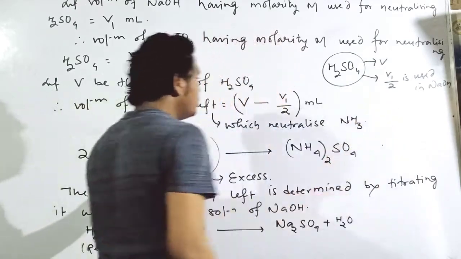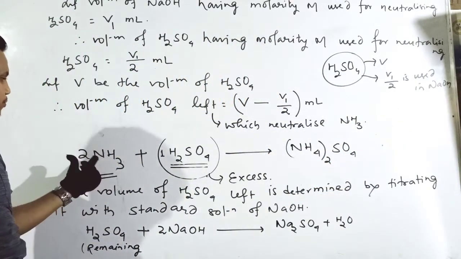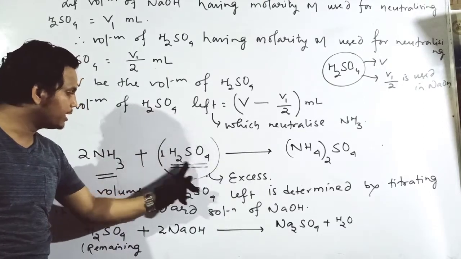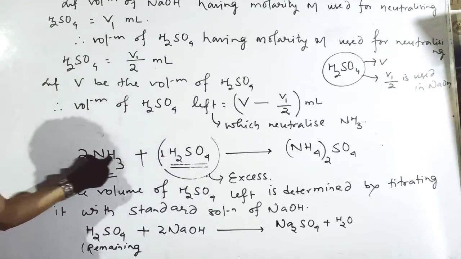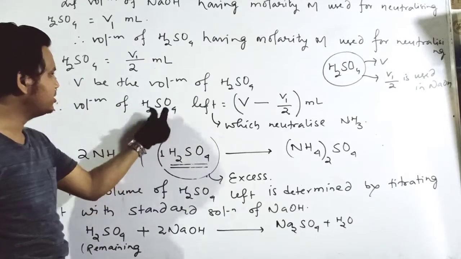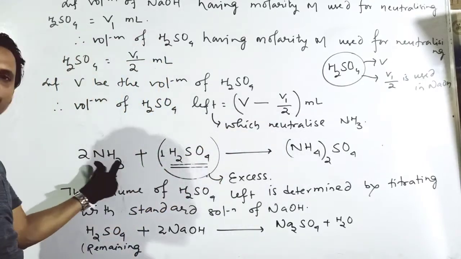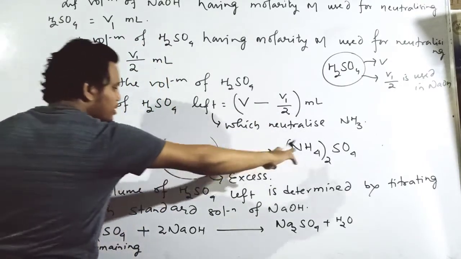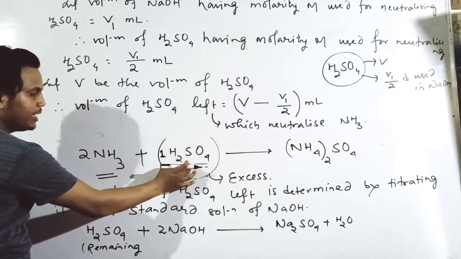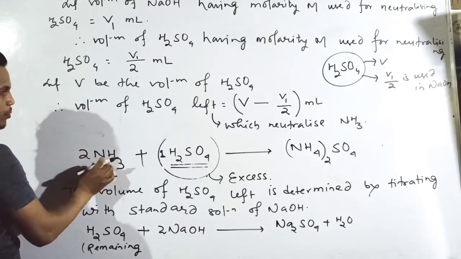So how much ammonia is used for this purpose? From the equation it is seen that 1 volume of sulfuric acid requires 2 volumes of ammonia.